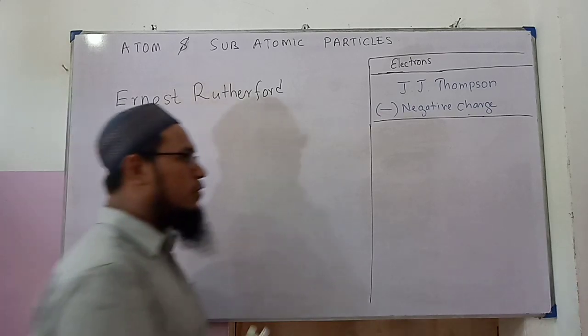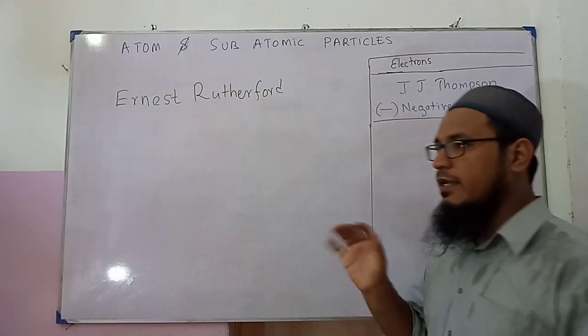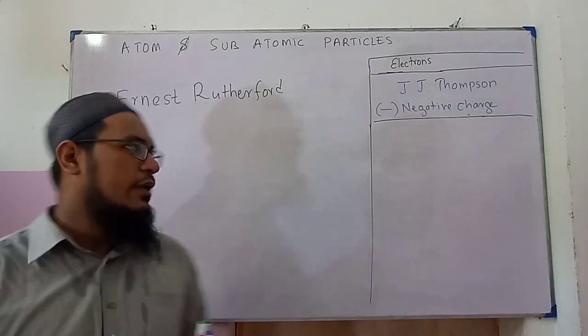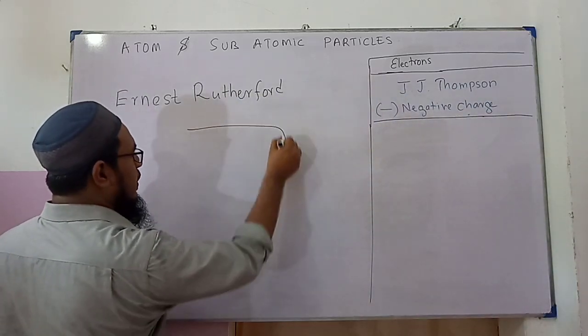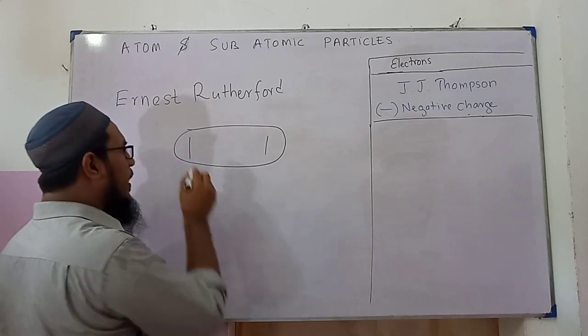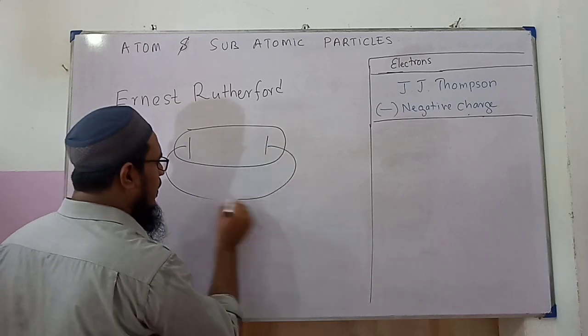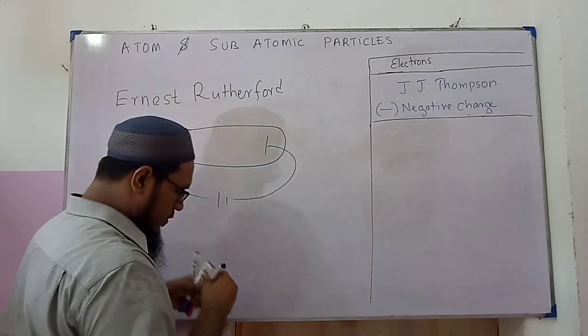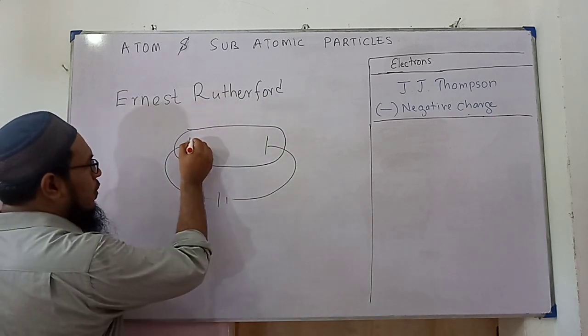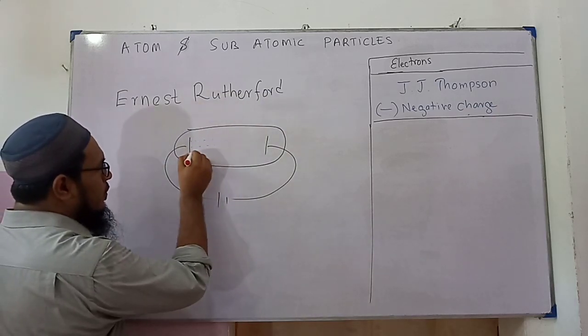Next we are going to talk about Ernest Rutherford. He was the next scientist. He also did an experiment, maybe with a cathode ray tube, and he found that there was another particle which was traveling like the previous one, but this was different.